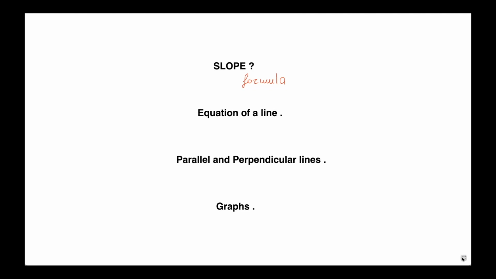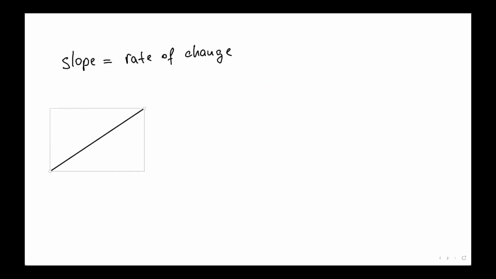So let's get started. What we need to know about the slope is that another name is rate of change. First, if you have a line, let's take some points on the line.